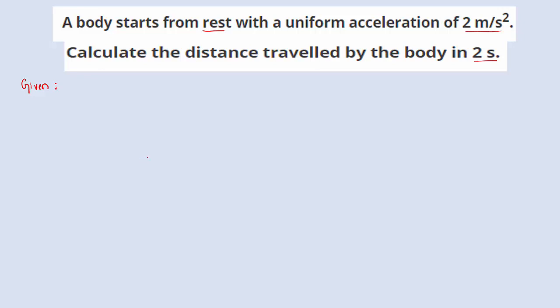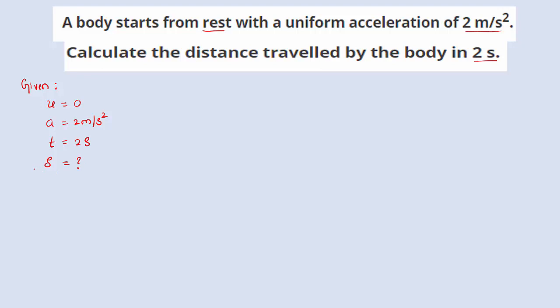A body starts from rest, so initial velocity u equals 0. Acceleration is given, 2 meter per second square. Time is given, 2 seconds. We have to calculate the distance travelled, that is S.